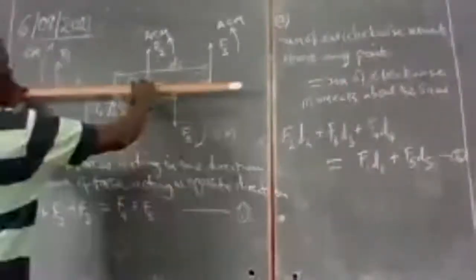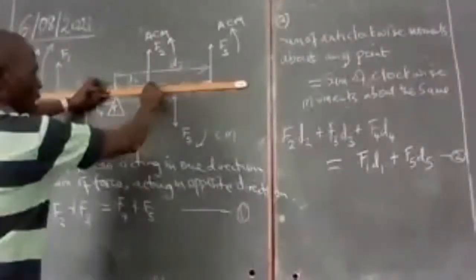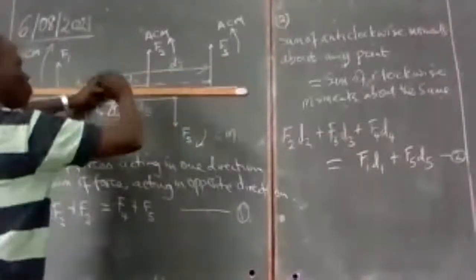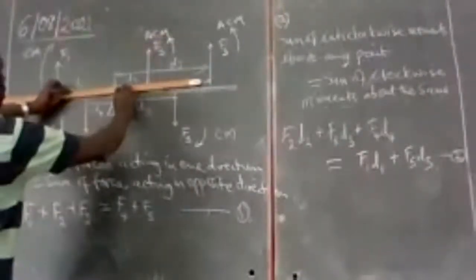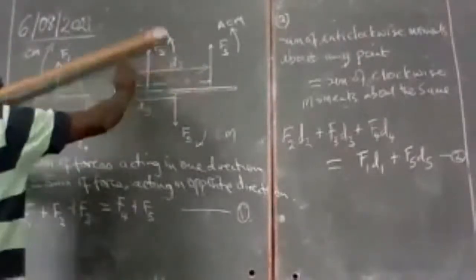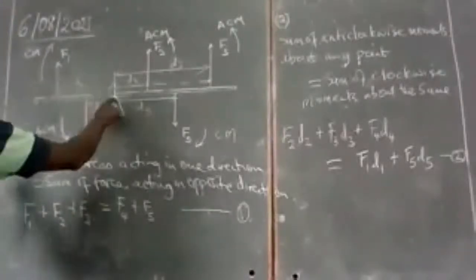So we ignore all the other forces, consider only that force, and we see how the body will behave. By the way, you don't even have to do a lot. For this one, you can pull it up, you can use your pen, but when you get used to it, you don't even have to do much of what I'm doing. You just know the directions, depending on where the force is located in relationship to the pivot.